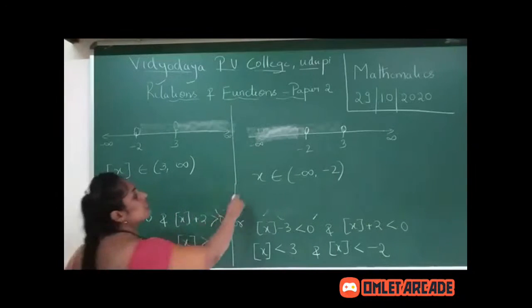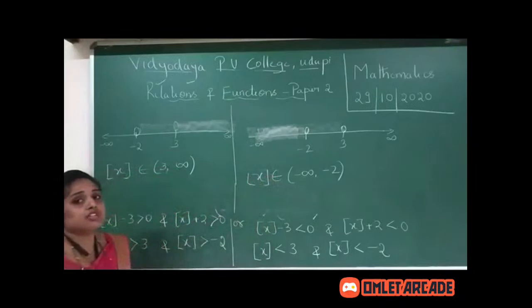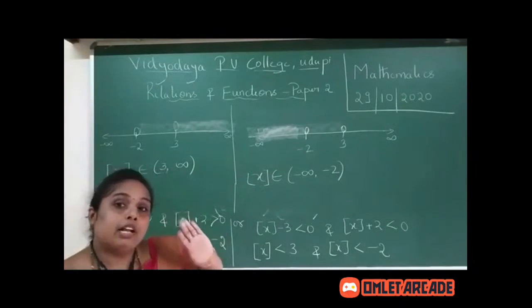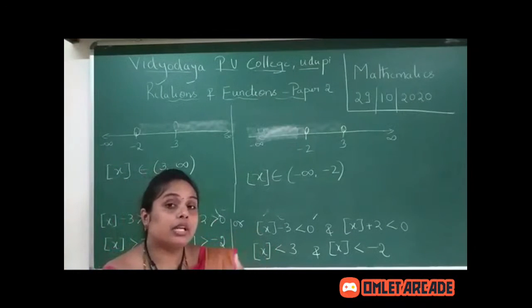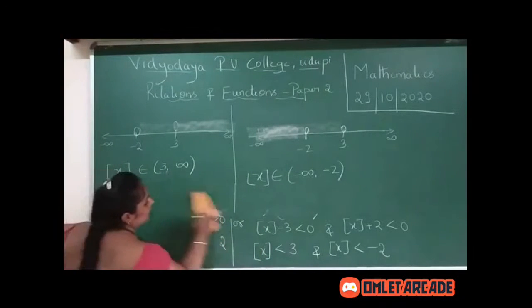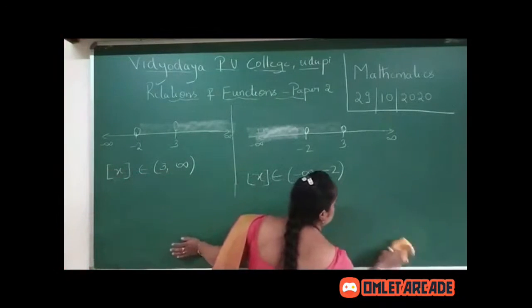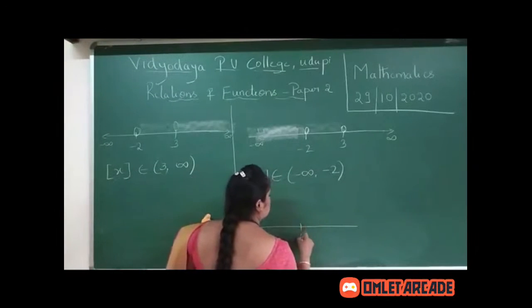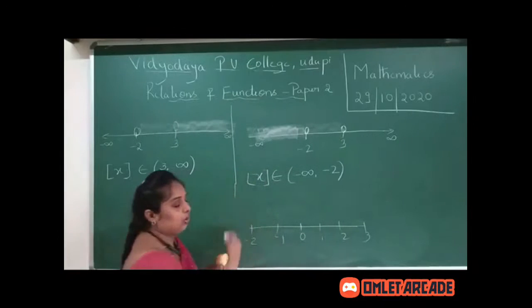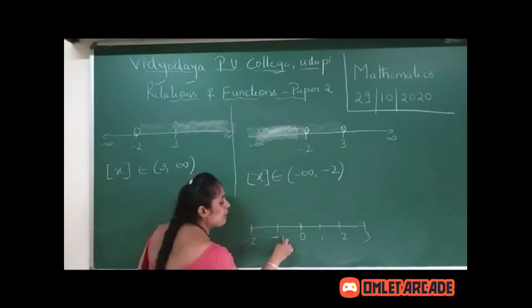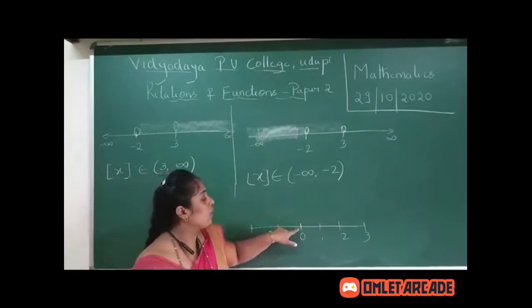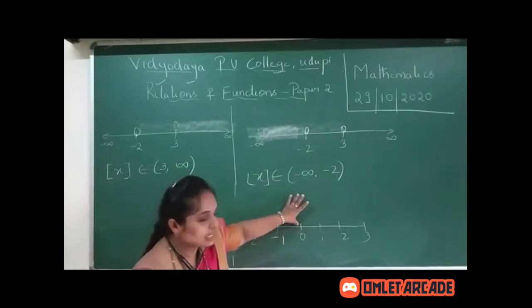But this is greatest integer. We are solving for greatest integer. You know the meaning of greatest integer? It assumes a value which is just less than or equal to x. See, if you draw the number line, 0, 1, 2, 3, minus 1, and so on. Greatest integer will be minus 1 for values from minus 1 up to but not including 0, just less than 0.